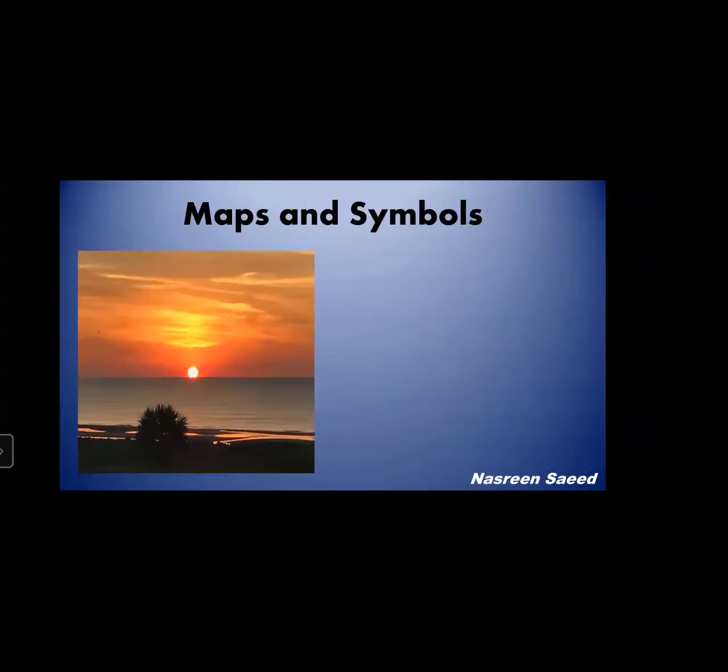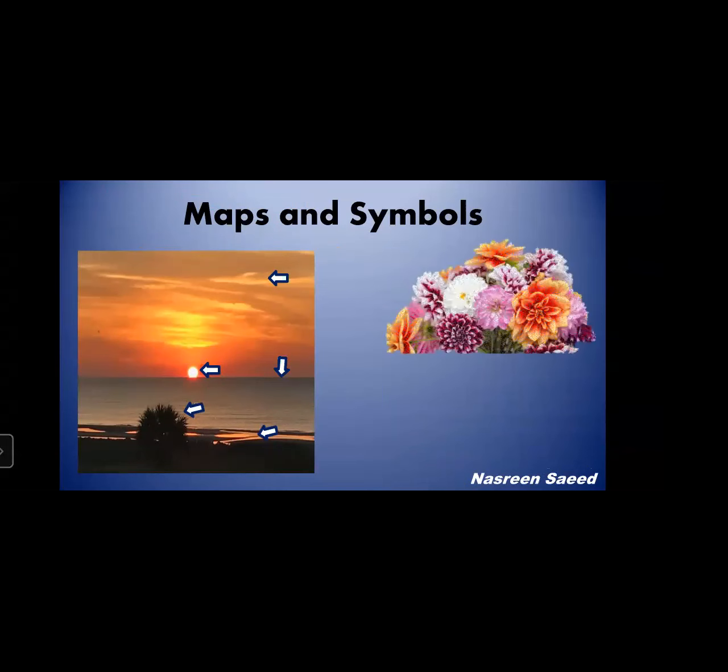Now, first I'll be explaining natural things. The sun, the clouds, water or sea, trees, the sand on the beach, these all are natural. We cannot make them, they are naturally formed.